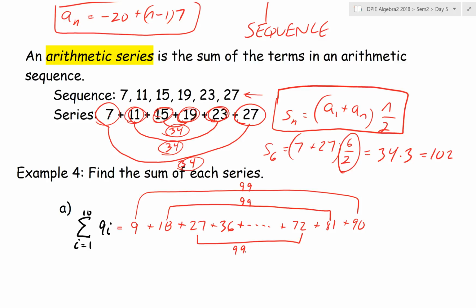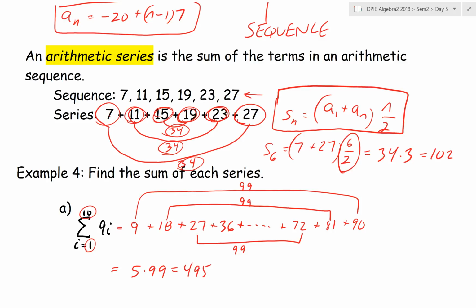So how many 99s would we get? Well, from the sigma notation, we can tell that there are 10 terms. So if there are 10 terms, then I would get 5 pairs that all add up to 99. So the sum is equal to 5 times 99. So 5 times 99 is 495.